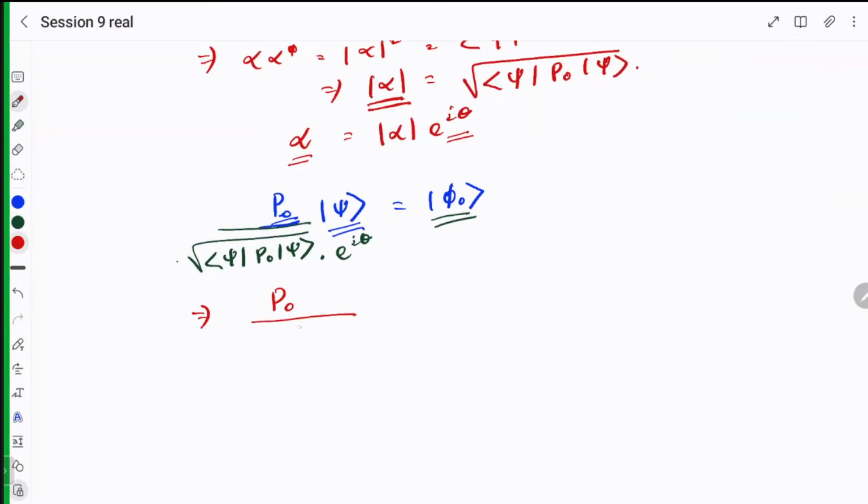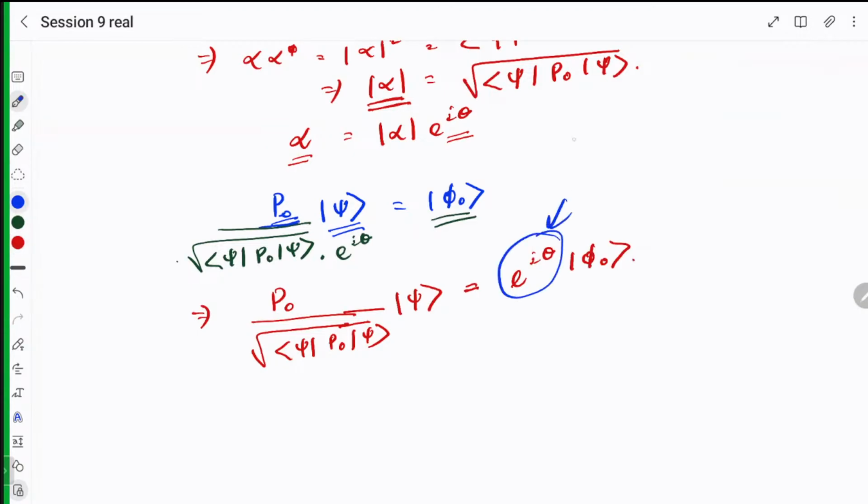So we can write this whole thing acting on psi will give you e to the power i theta ket phi naught. But you see, this is a global phase and it can be ignored.